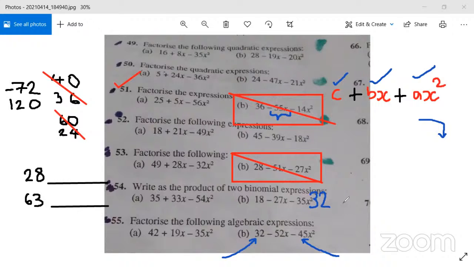What else? Oh, that looks like 120. That's dangerous. Okay. So we have 32, 72x, 20x, followed by 45x squared.